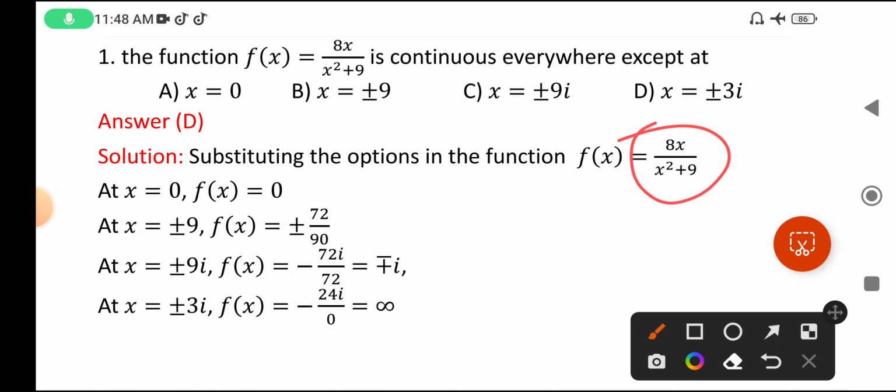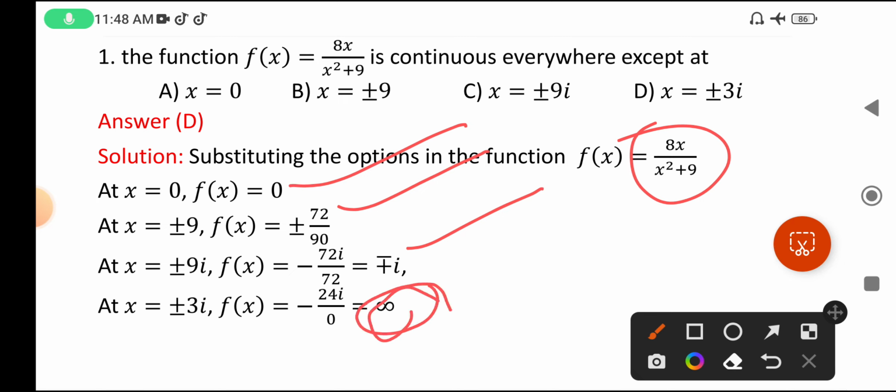Here the function is continuous at these points, but at one point it is not continuous. That means there we get an infinity value, and where we get an infinity value, the function is discontinuous. Where we get a value that is 0 or a complex number, the function is continuous.